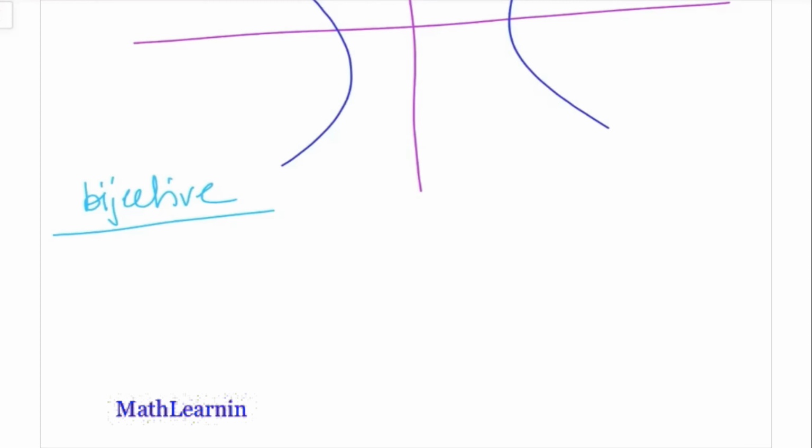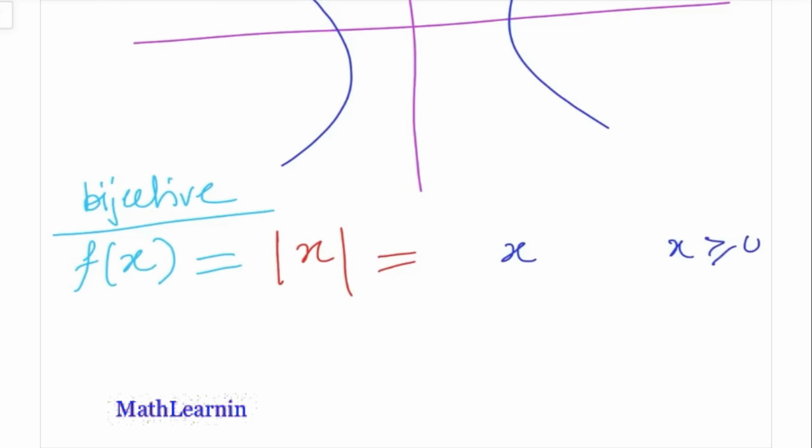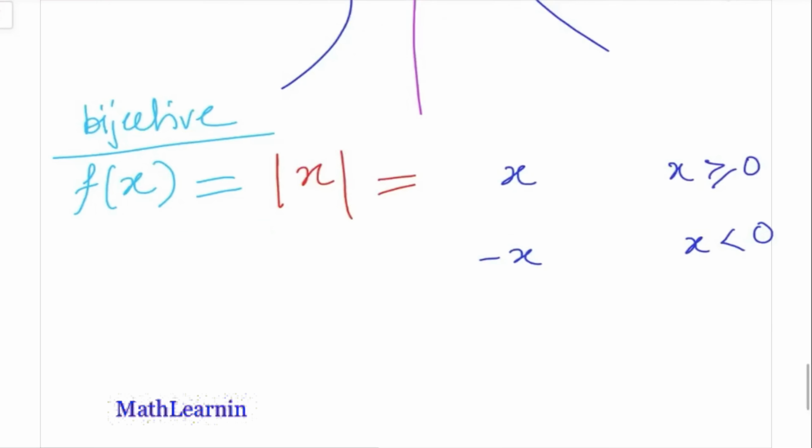Somebody was saying the mod function. What is f(x) equals? The function is f(x) equals |x|, and the value of this |x| is nothing but positive x if x is greater than or equal to 0, and negative x if x is less than 0. Like if you have the value 3, it will give 3.